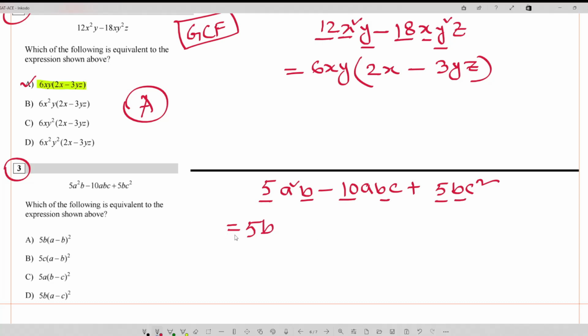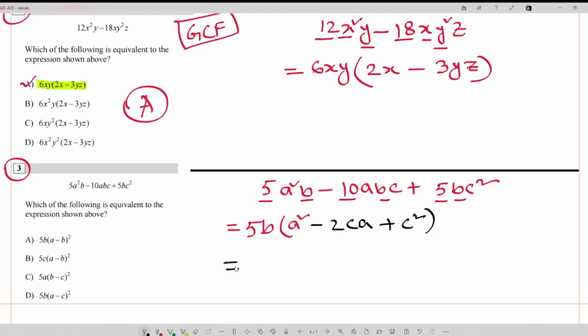We can take common b. Then here is a square; after taking common, 10 divided by 5 will be 2, so minus 2, a and c, b divided by b is out, so ca, plus 5 and b out, so here is c square.